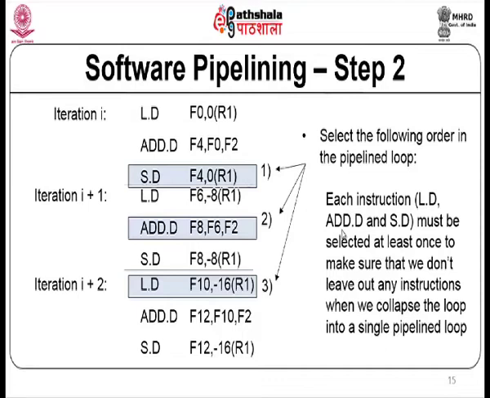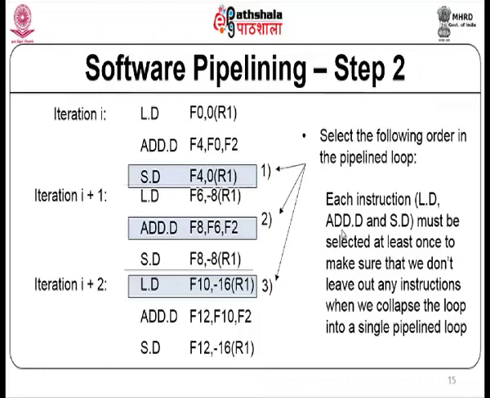Similarly, what happens to the load of iteration I plus 1? And what happens to the add and store of iteration I plus 2? These instructions which are left out will form your preamble and the postamble. Whatever instructions are left out in the initial iterations before you form the kernel of the loop will come as your preamble.